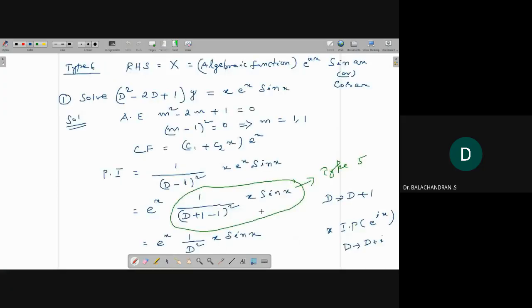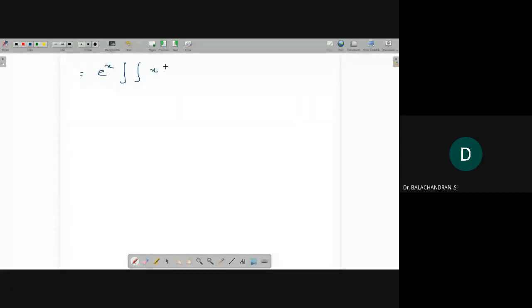E power x into double integral of x into sin x dx. This is equation 1.